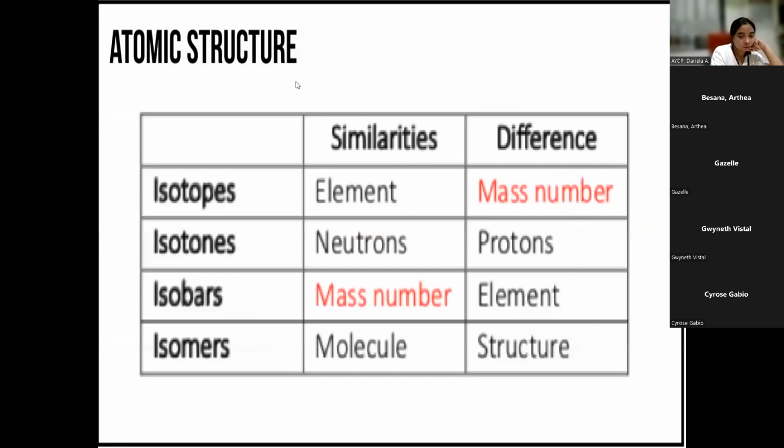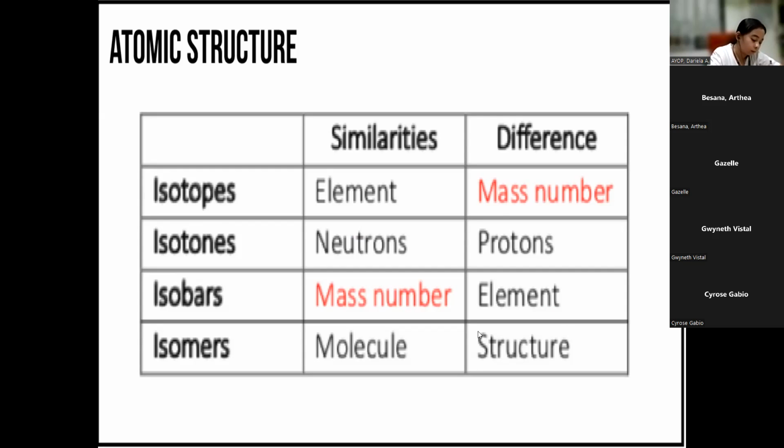Okay? Now let's define some terminologies involved in atomic structure. When you hear the word isotopes, it means it's the same element. Again, when we say isotope, it's the same element, so the same number of protons. But what's the difference?